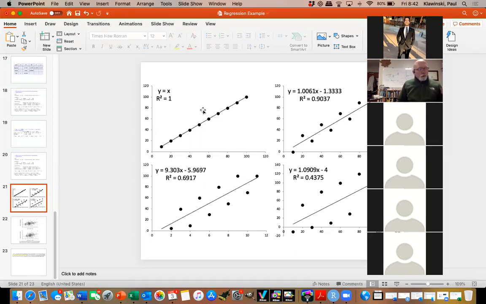So when we think about why we do statistics, in an ANOVA sense, we're asking, is one mean different from another mean? Is mean 1 equal to or not equal to mean 2?